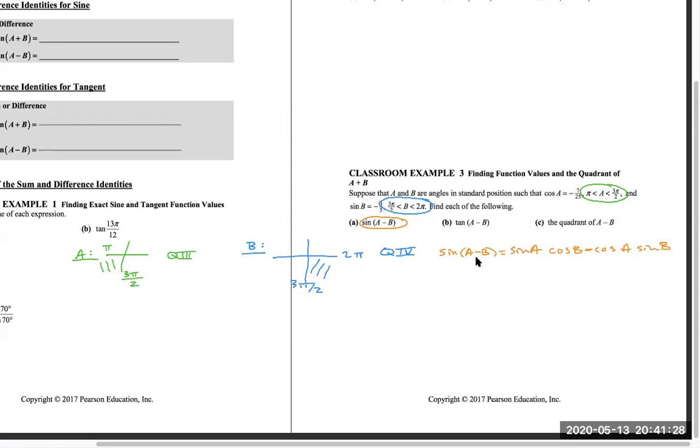Okay, so the reason that we need this, we can check off what we have here. For A, we have cosine of A, and that's given as -7/25. And we have sine of B, which is given as -3/5.